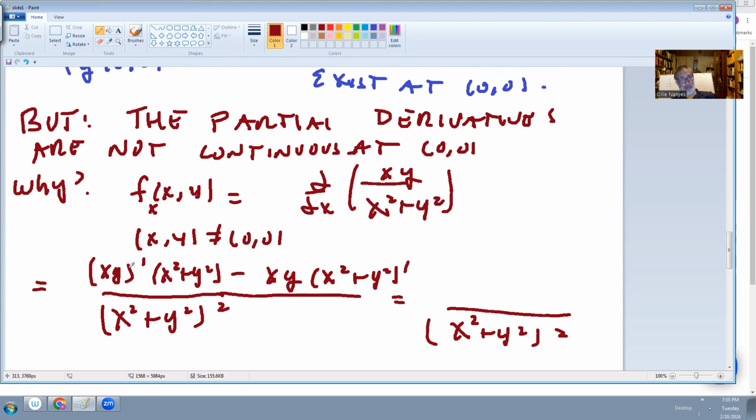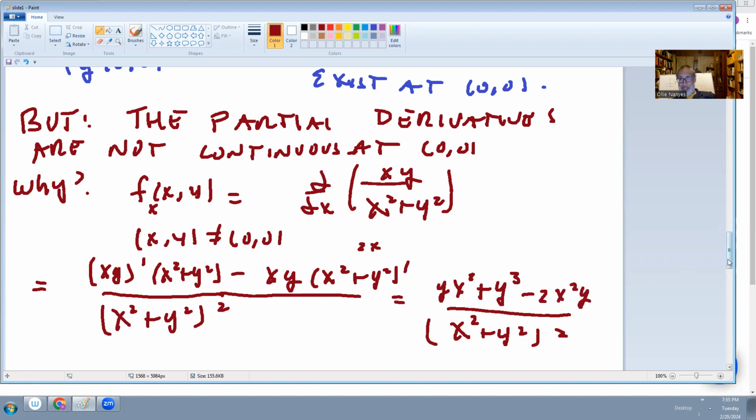This derivative with respect to x is just going to be a y. So we have y times (x squared plus y squared). And then this derivative here, you just get a 2x out of it, because that's a 0 and the derivative of x squared is 2x. So it's minus 2x squared y.